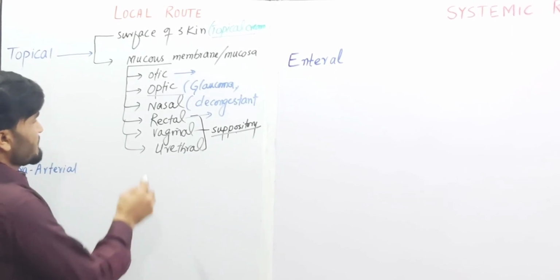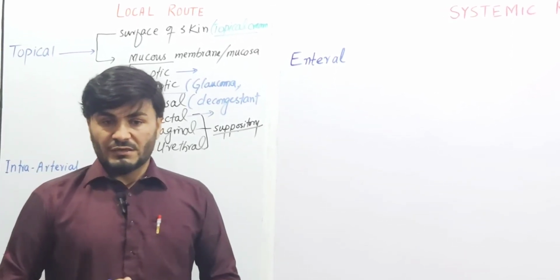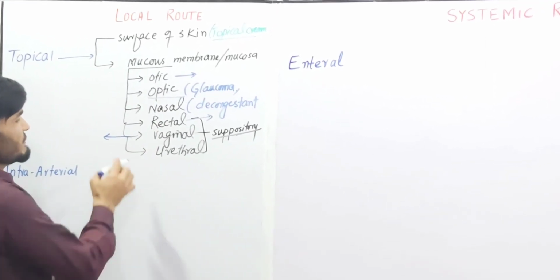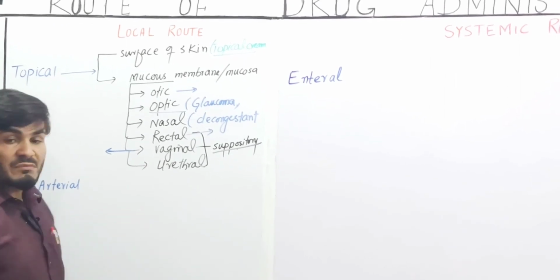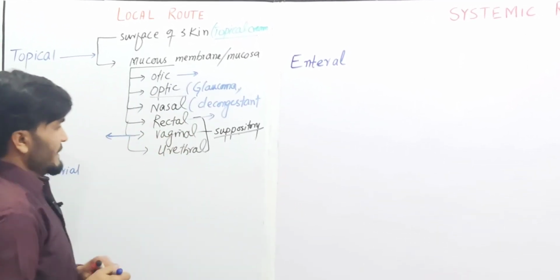And in the vaginal route, different vaginal problems like candidiasis, due to the Candida albicans, are treated with clotrimazole, or even spermicidal drugs are administered by the vaginal route.